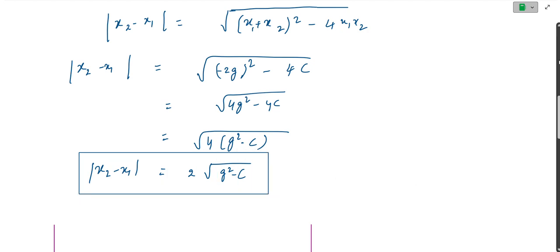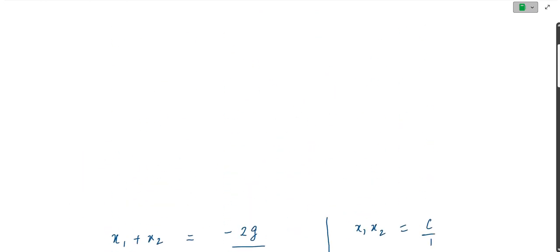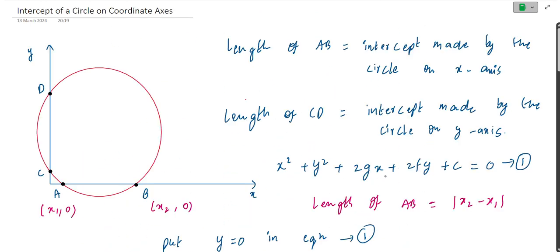In a similar manner, if we observe the circle equation given, it is a second degree equation in x and y. There is no xy term, only x term, x square and y square terms are there. The coefficients of x square and y square are the same. So for the length of CD, we will be substituting the value of x as 0.